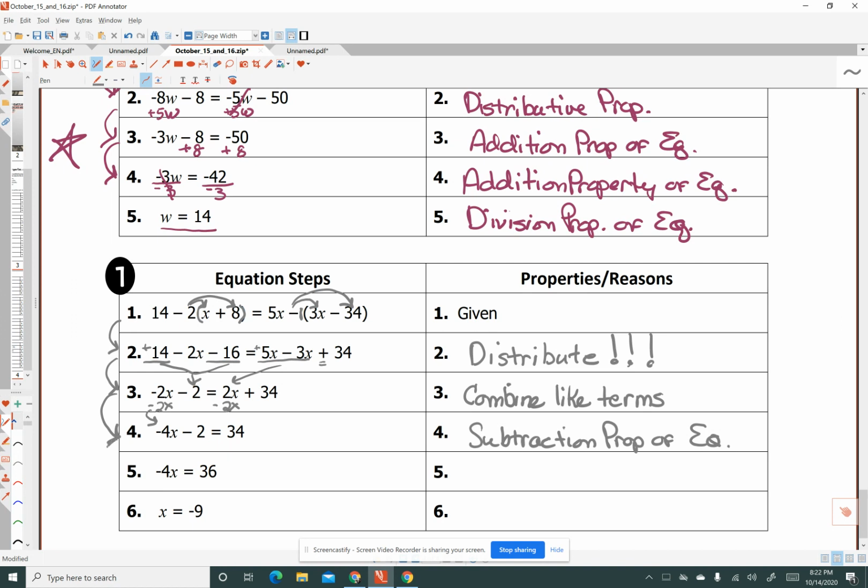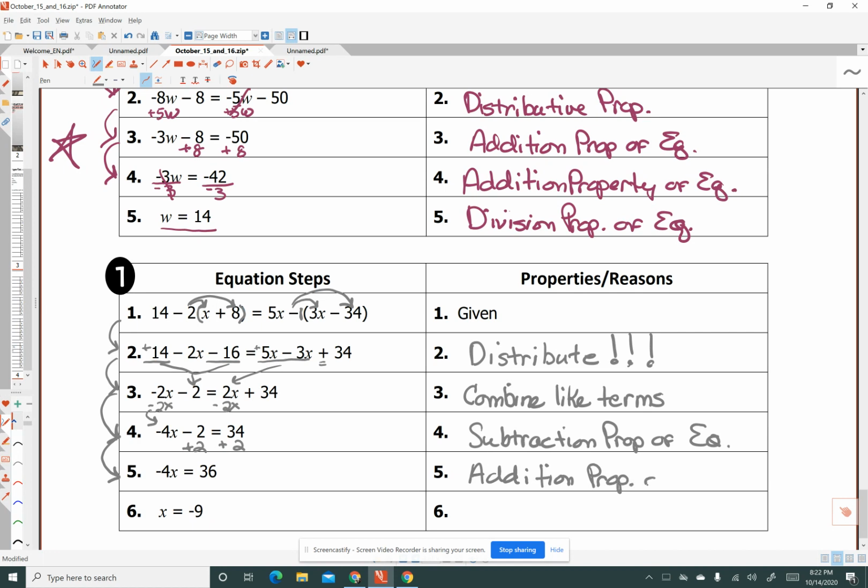And now, to get from step 4 to step 5, we're going to add 2 to each side of that equation, which will give us negative 4x equals 36. So that was the addition property of equality.